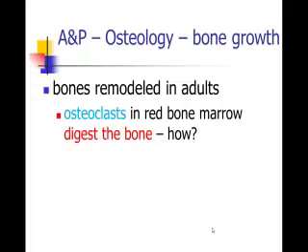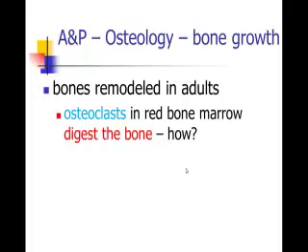And this is a potential problem for astronauts, because when astronauts are in outer space, they're not getting a lot of stress on their bones generally, and the fear is that if they stay in space for long periods of time, their bones will become less and less robust, so that when they come back to the Earth, they will be at a disadvantage, that their bones won't be strong enough to do the kinds of things that they had done before they left.